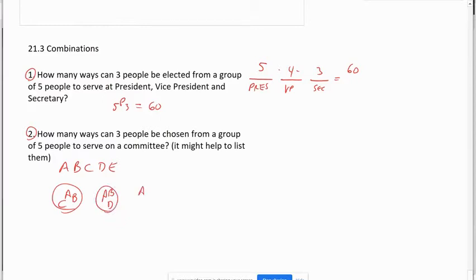I could do A, B, E. That's another group. And then I could also do A, C, D. I could do A, C, E. And I think those are all the groups that have person A in them.